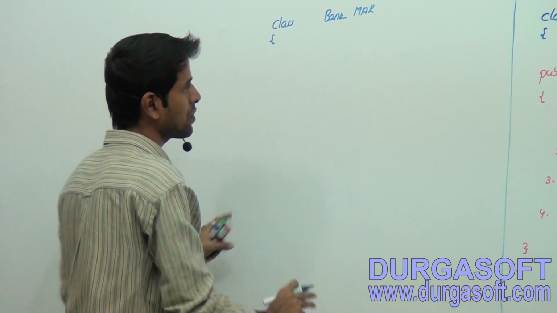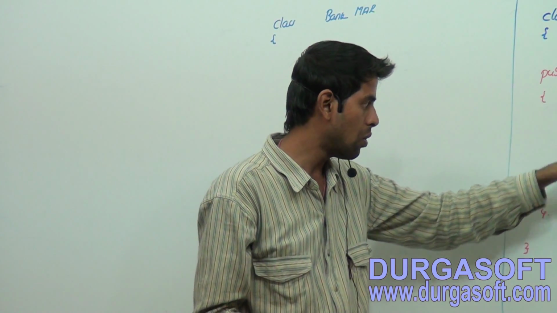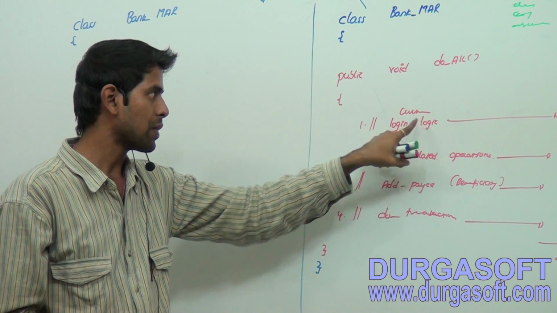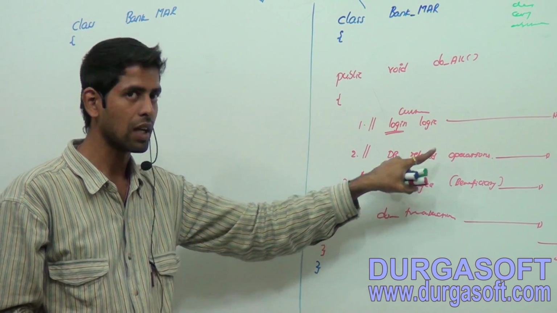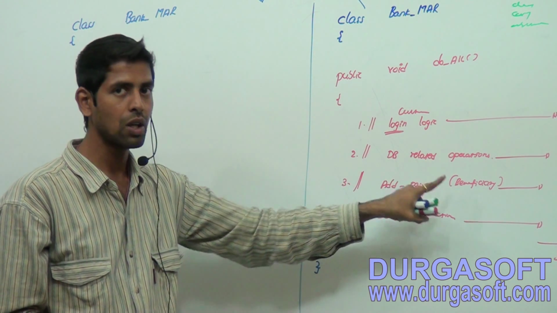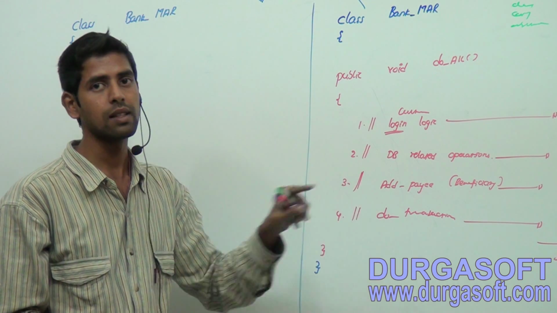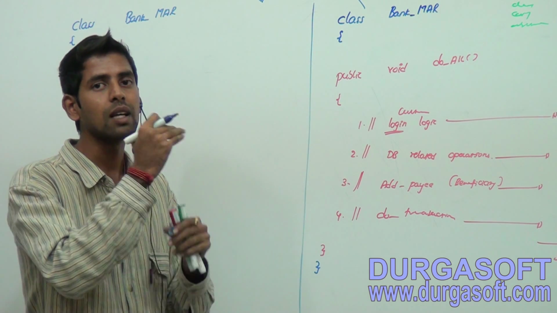Now instead of maintaining all this logic in one place, maintain the login logic, database related operation, add payee logic, that is beneficiary adding logic, and do transaction logic within separate methods.